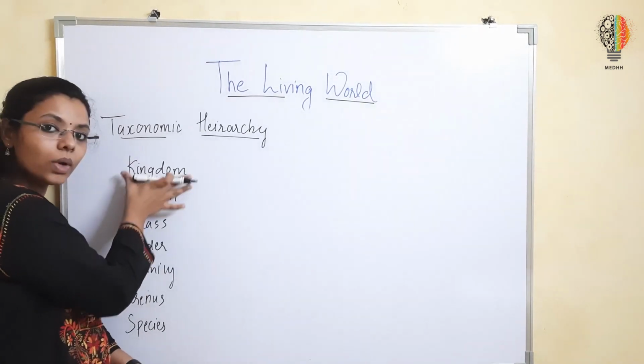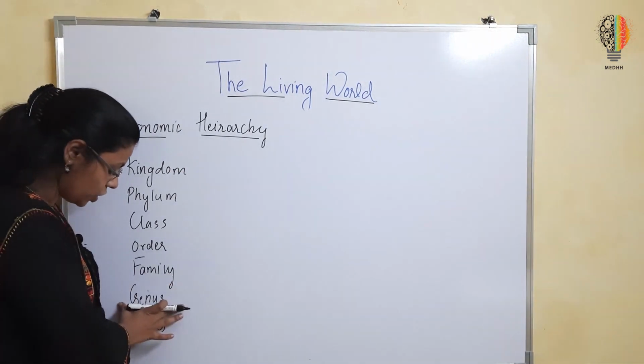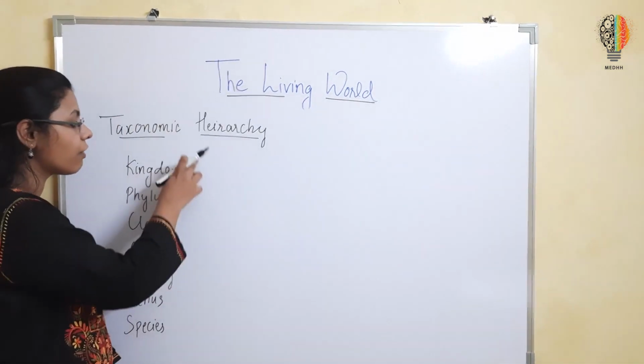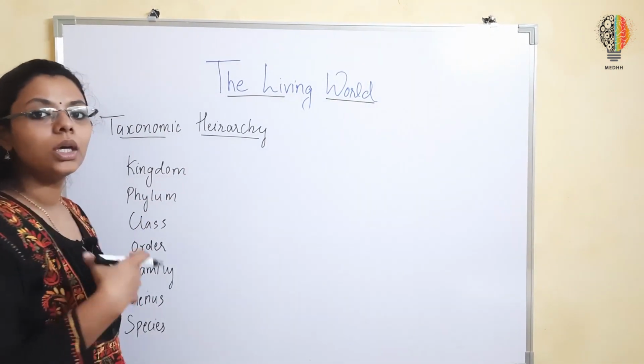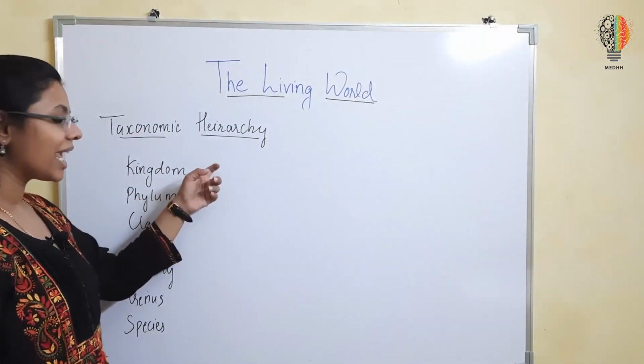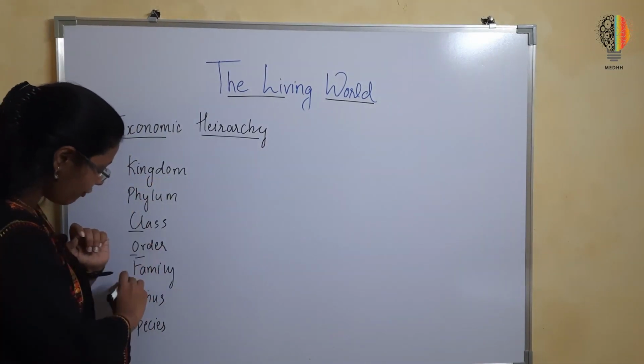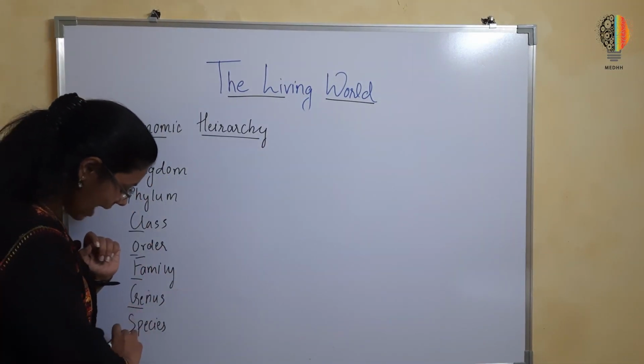Like to remember how it goes, that's kingdom, phylum, class, order, family, genus and species. Instead of learning this by heart, we used to remember a sentence: King Philip's considered ordinary family generous and special.